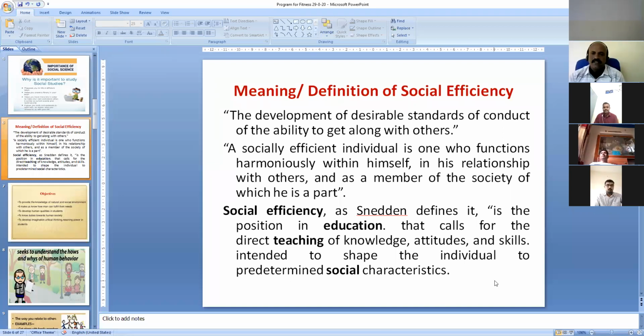So it is an important part in education, and it helps in direct teaching and developing knowledge, attitudes and skills of a human being. And these are the simple meaning of social efficiency. When you come to team games, rather than individual games, it plays an important role in achieving higher performance.